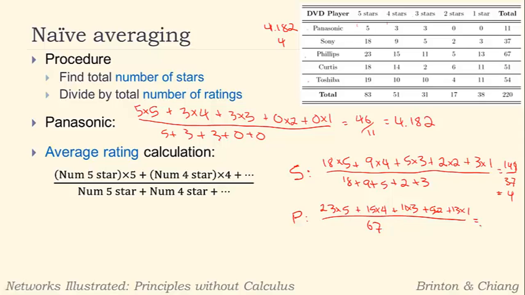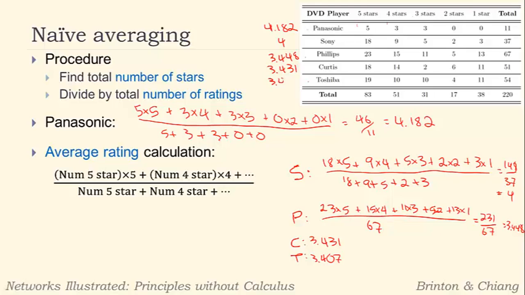And that gives us 231 over 67, which is 3.448. Now, I encourage you to do the same thing for the Curtis and the Toshiba as well. We have 3.448 here. If you do it for the Curtis, it's going to be 3.431, and the Toshiba is going to be 3.407.